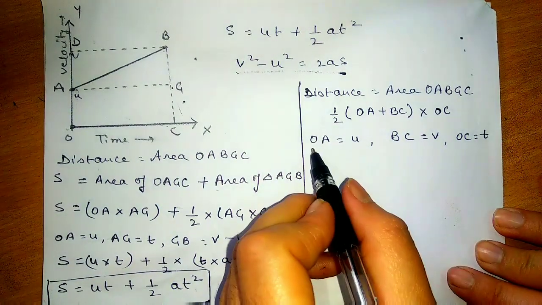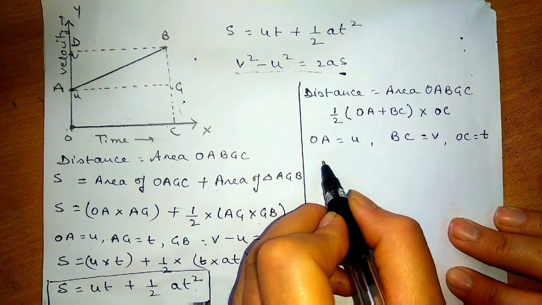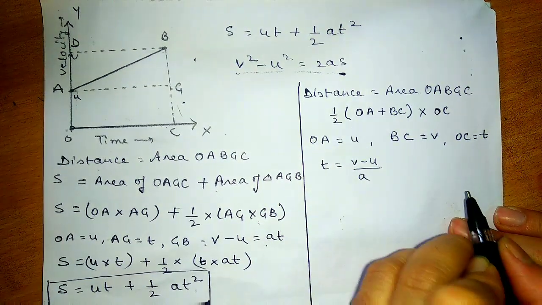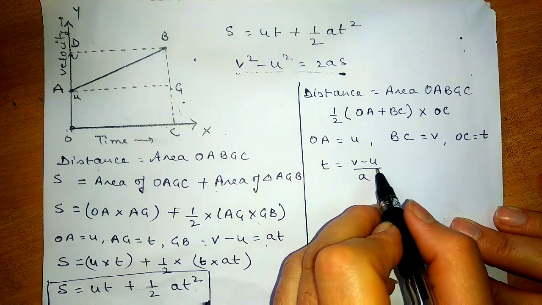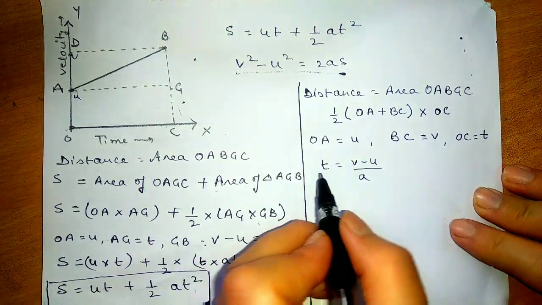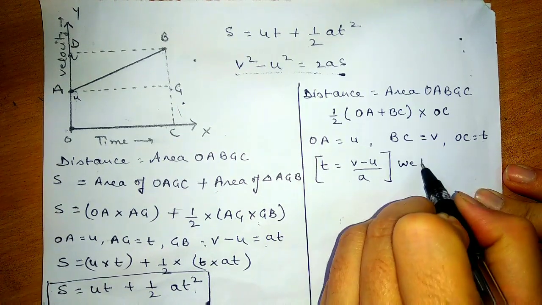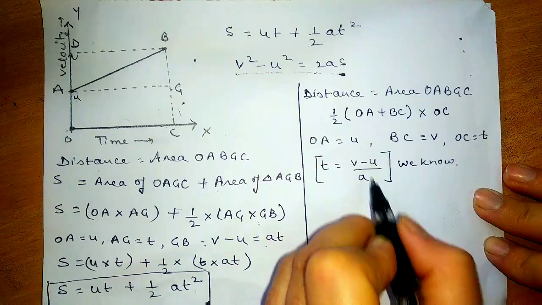So we can get T is equal to V minus U upon A. From the first equation of motion, can I write T as V minus U upon A?